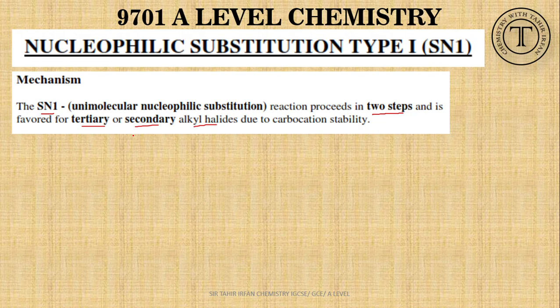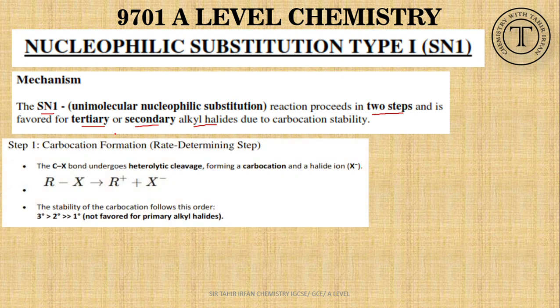Now this is very important. Primary alkyl halides do not follow SN1 because they cannot make a stable carbocation. In the first step, there must be a carbocation formation, that is the rate determining step. Because of this we call it SN1. The general equation is over there.